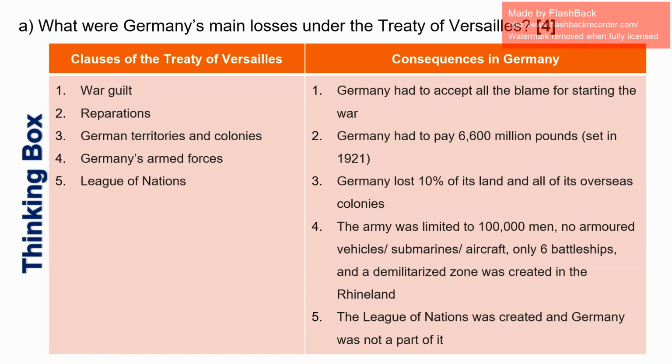And don't forget that the German army had been very powerful at the beginning of the First World War due to their technology. They could only have 6 battleships, and the Rhineland, which was somehow a zone that protected them also, was militarized. And then they were not invited to the League of Nations. Talk about a punch in the gut.